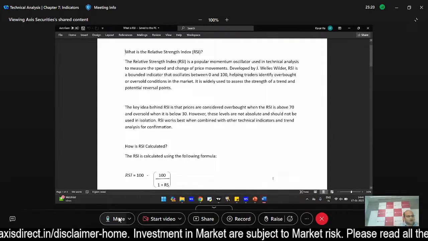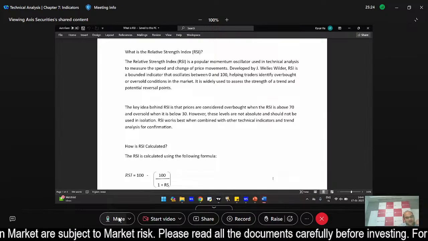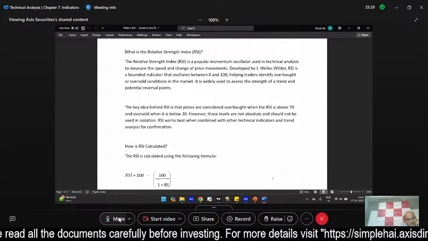So we'll start off with what is RSI. By the name Relative Strength Index, what do you think RSI basically does?